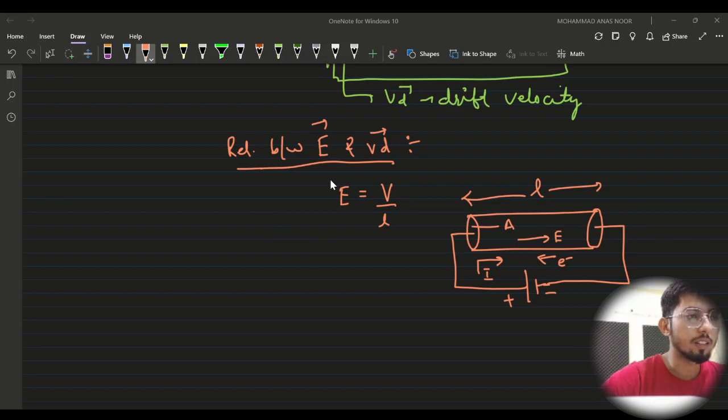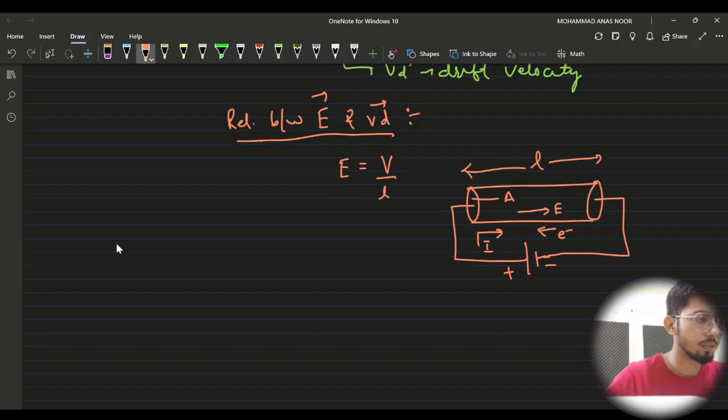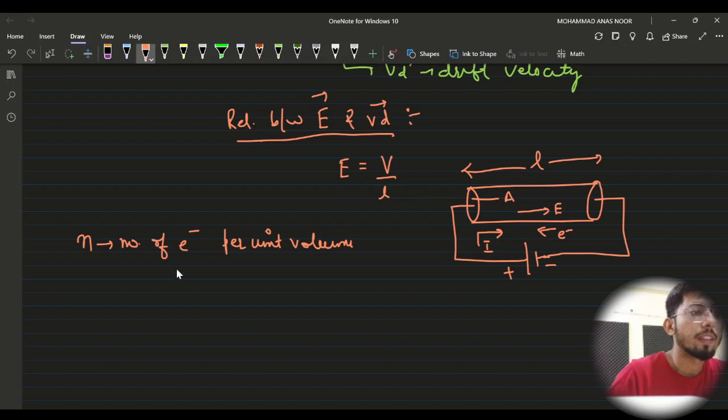So let us say that n number of electrons are there per unit volume in this conductor, not the absolute number. This is per unit volume, the n. And the charge on an electron is e, we all know that.